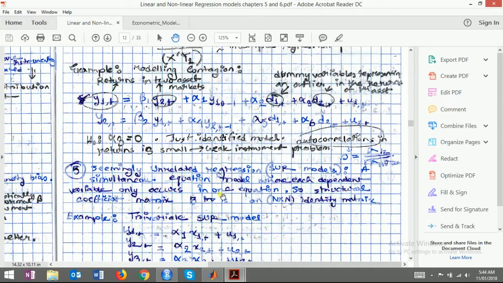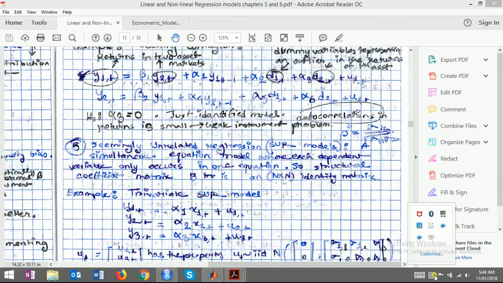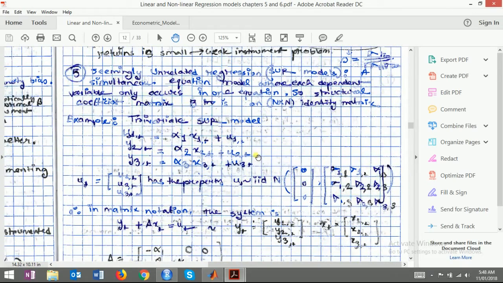Then we are talking about seemingly unrelated regression. Basically, a seemingly unrelated regression, or SUR model, is a simultaneous equation modeling system where each dependent variable only occurs in one equation. So the structural coefficient matrix V is a square n by n identity matrix. For example, a trivariate SUR model: y1t equals alpha 1 x1t plus u1t.